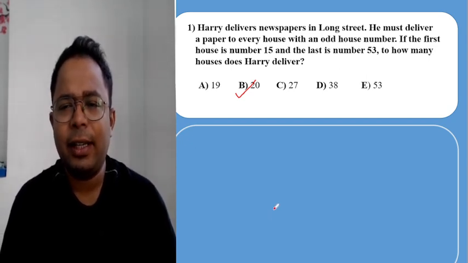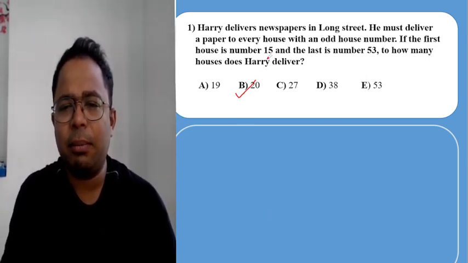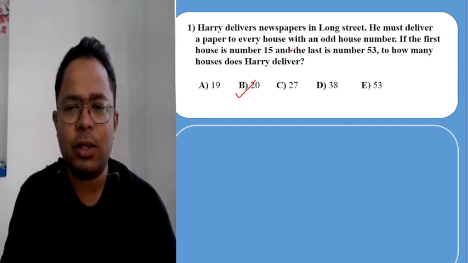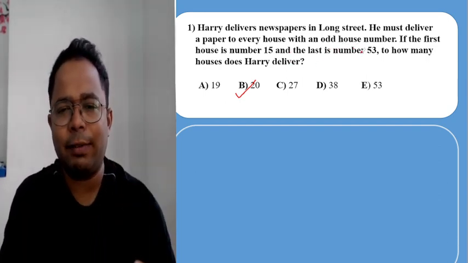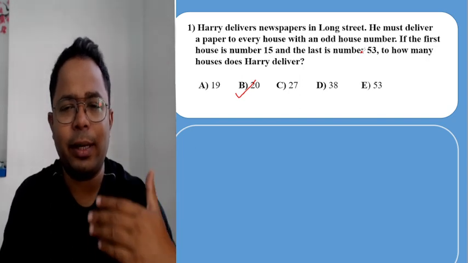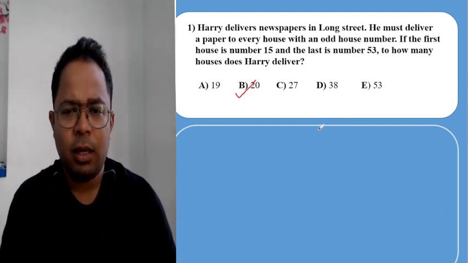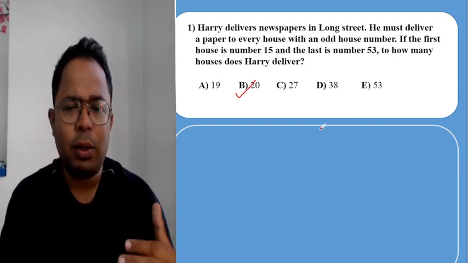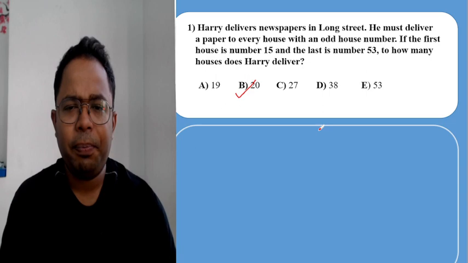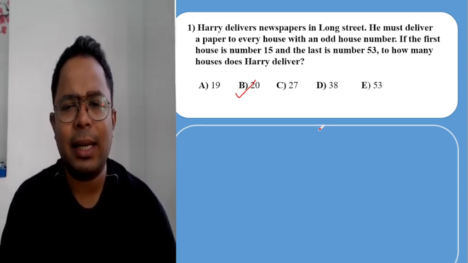The first house number is 15, and it is being asked to deliver on odd house numbers. So after 15 they will go on to 17, 19, 21, 23 and so on till number 53 comes. This is easy to calculate manually, since the numbers are small.